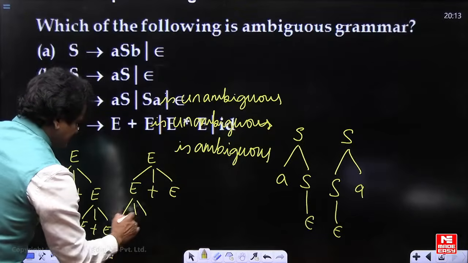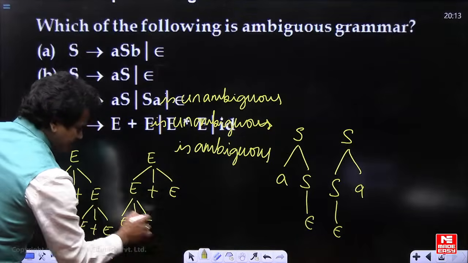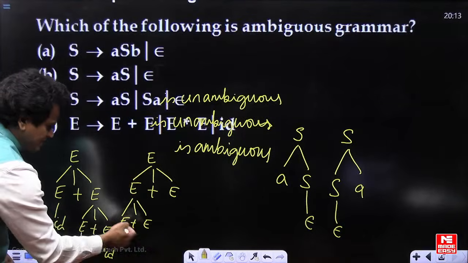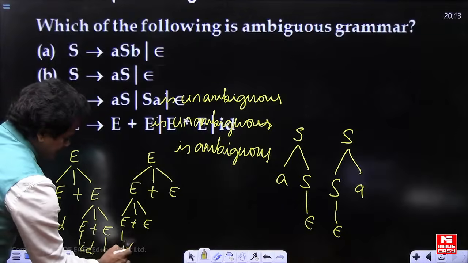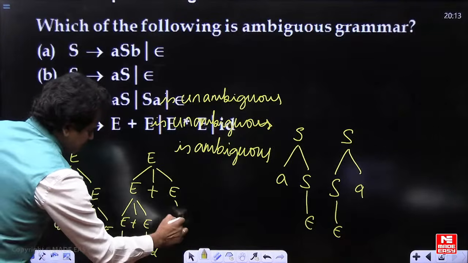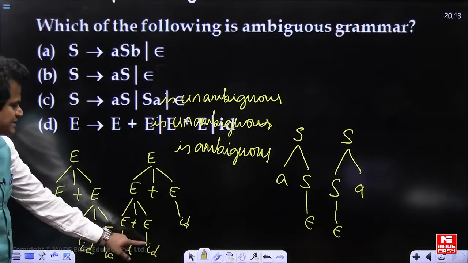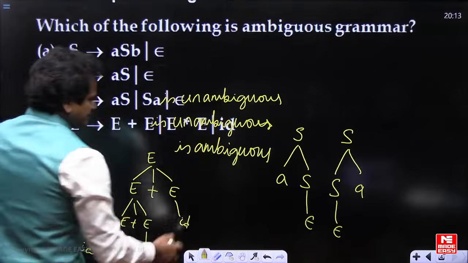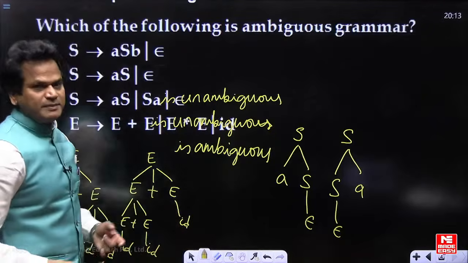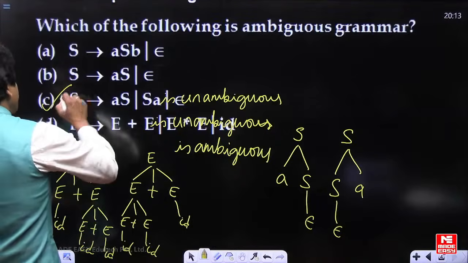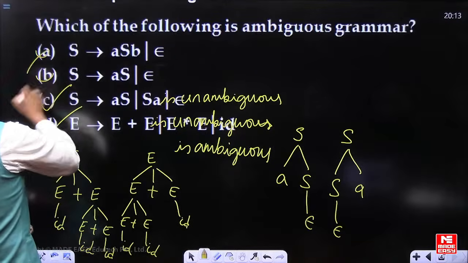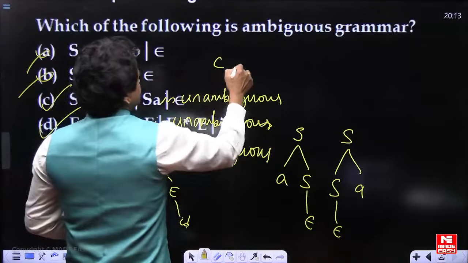E derives E plus E. I expand this left non-terminal, again E plus E, and E plus ID, E plus ID, E plus ID. What is the string here? ID plus ID plus ID. Here also ID plus ID plus ID. The same string has two different parse trees. So this is ambiguous, but these two are unambiguous. So the answers are C and D.